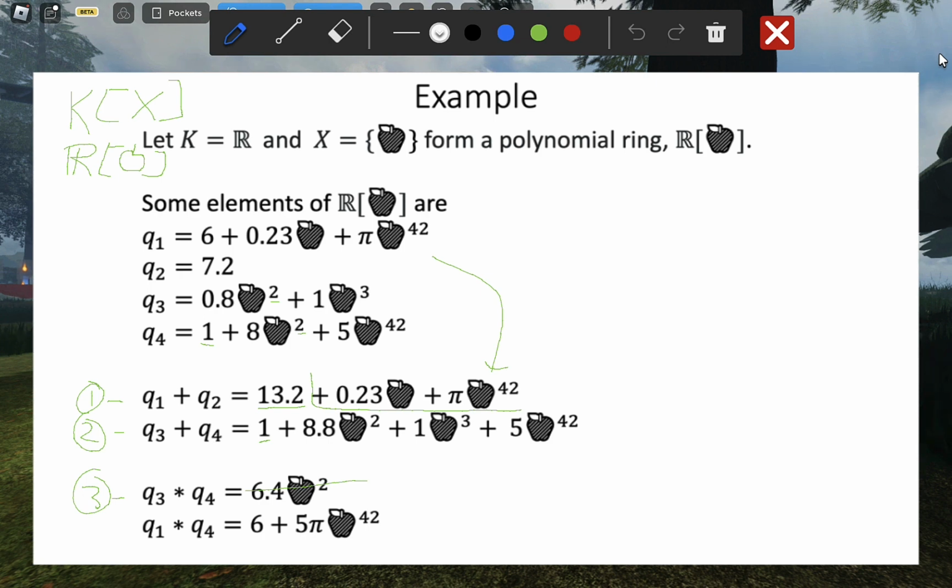So Q3 times Q4, these are the only two things that are in common, right? Actually, maybe that's what I was thinking. I don't know what operation you're doing. This is just multiplication. Yeah, just multiplication, right?